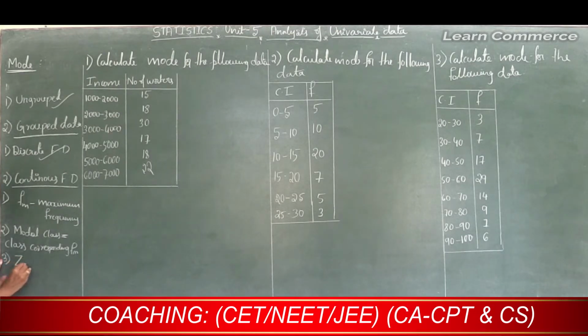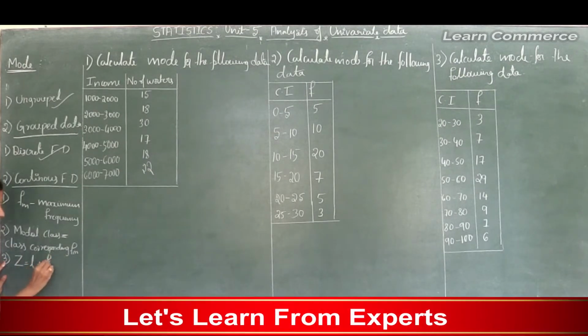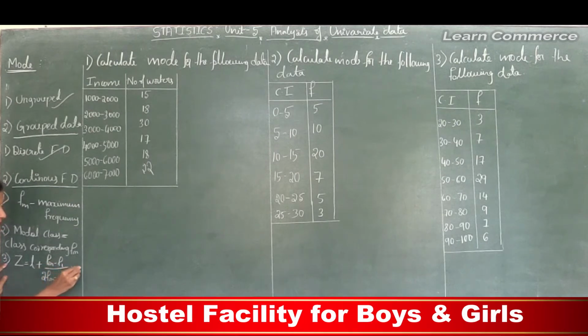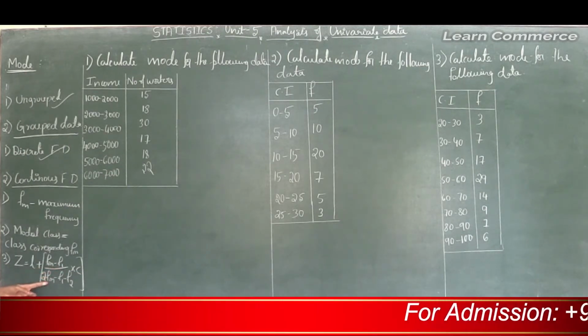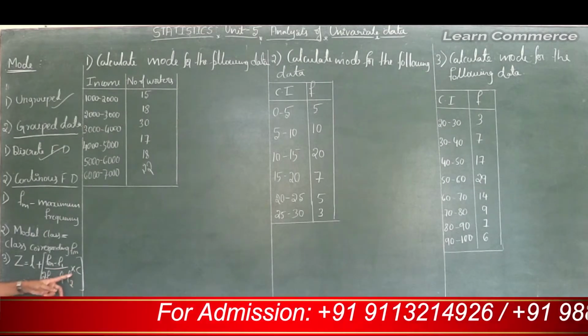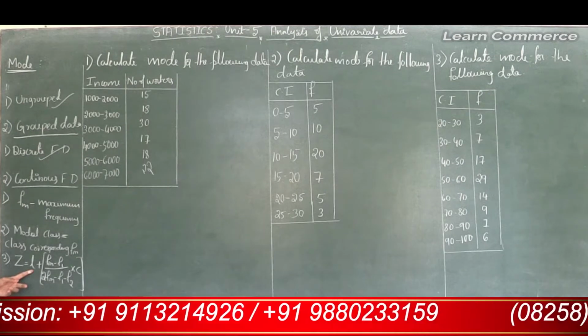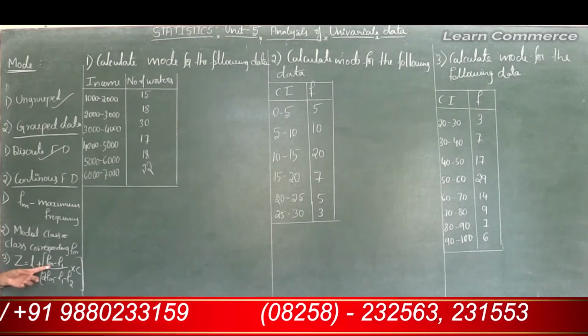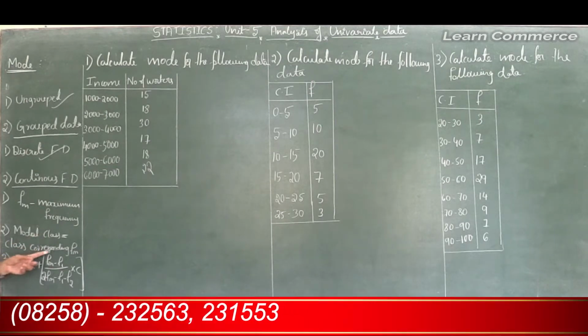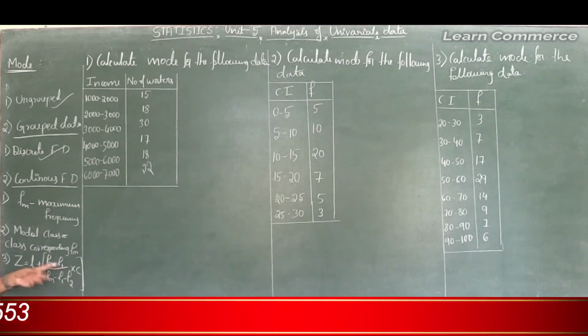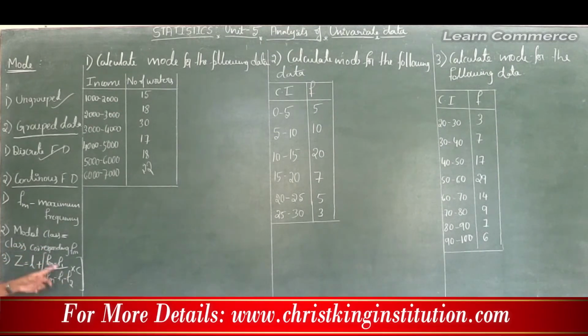The formula is Z = L + (FM - F1) / (2FM - F1 - F2) × C. Here L is the lower class limit of the modal class, FM is the frequency of the modal class, F1 is the frequency of the class preceding the modal class, F2 is the frequency of the class succeeding the modal class, and C is the width of the class.